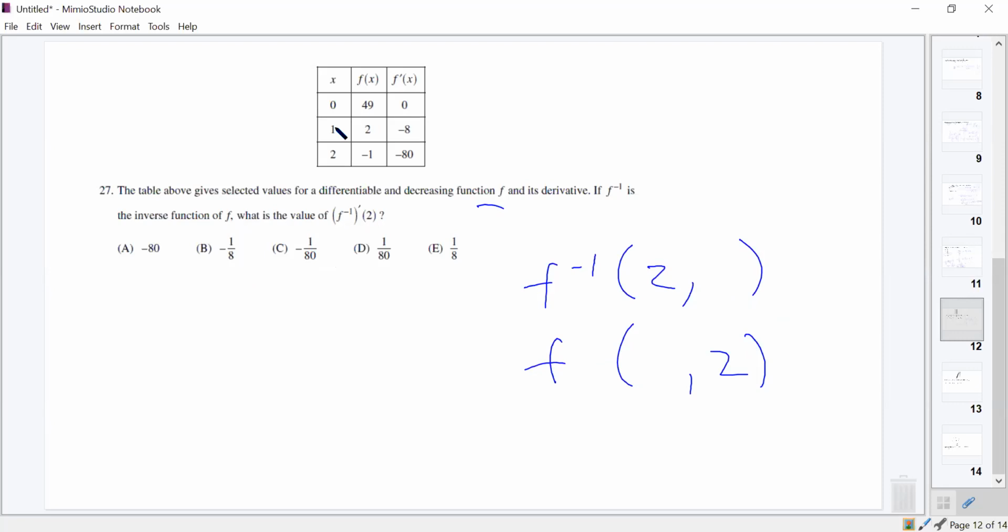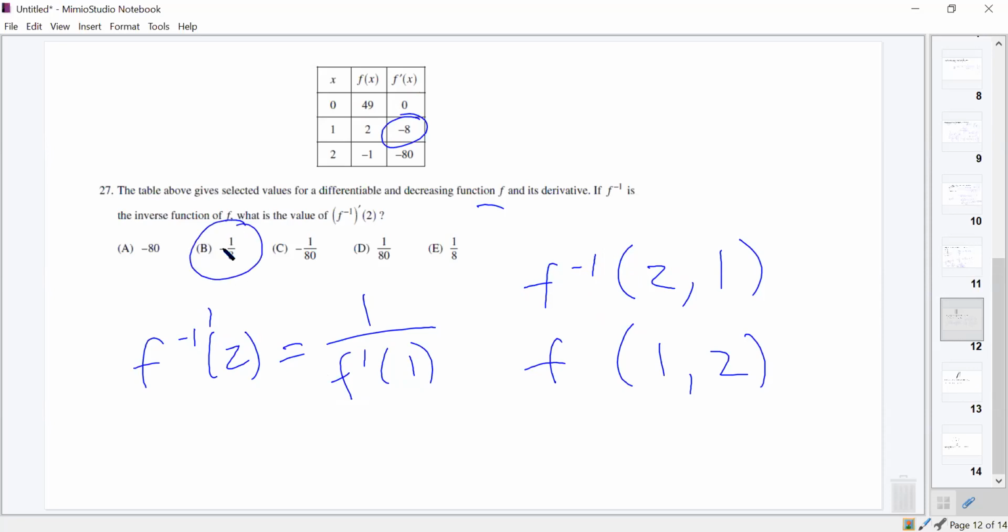And so that happens when x is 1. So the derivative of f inverse at 2 should be 1 over f prime of 1. And we've got f prime of 1 is -8. So should be -1/8.